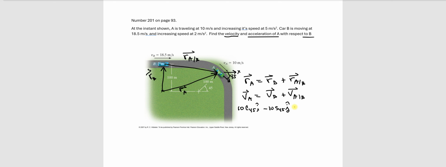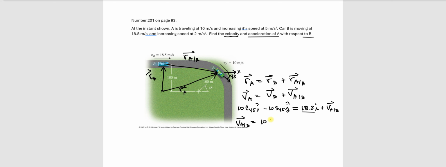Now the velocity of A equals the velocity vector of B, and that's simple enough. That's 18.5 i. No sines or cosines required. Then we have plus the velocity of A with respect to B. That's all that's left, and now it's a simple algebra problem to solve for the velocity of A with respect to B. We just subtract this term.